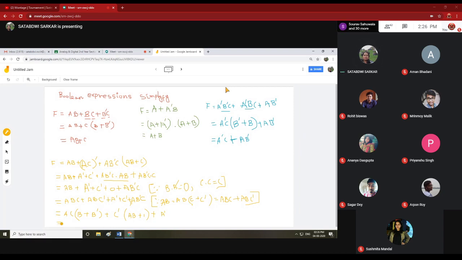So it is A C plus C bar plus A bar. Okay. Next step is here.